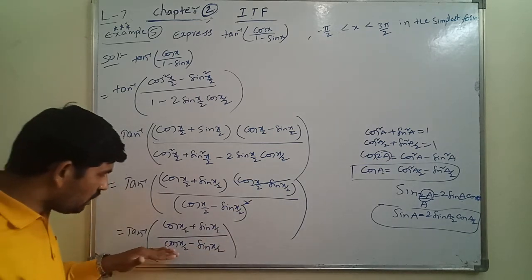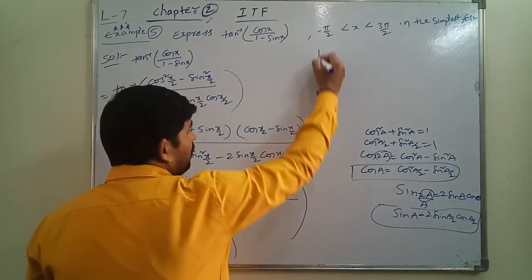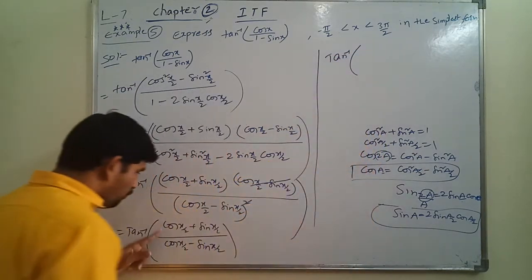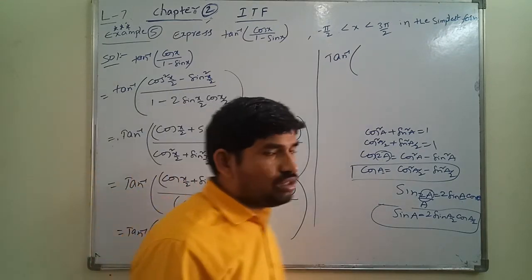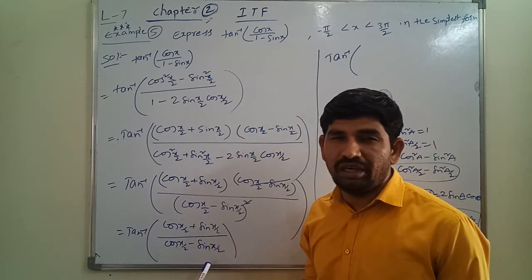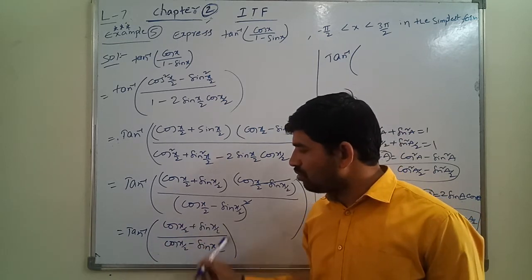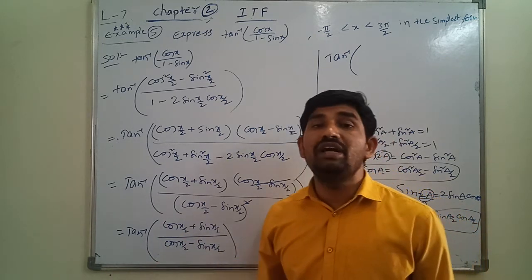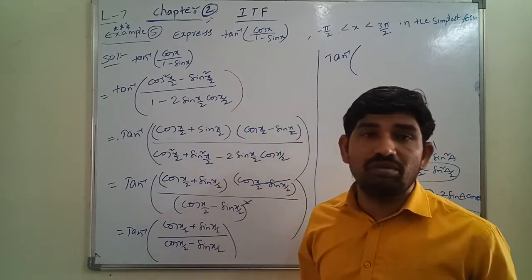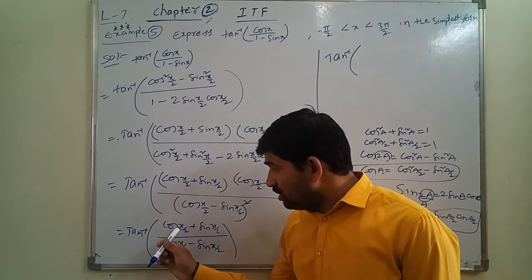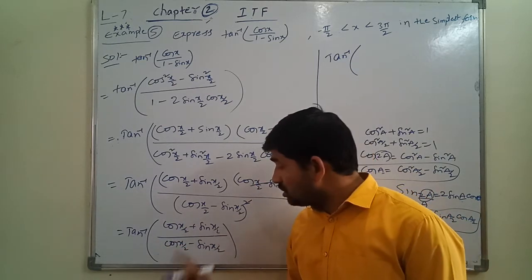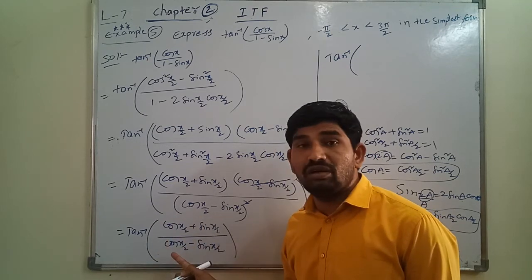So the continuation of this one will be here tan inverse of cos plus sin by cos minus sin. Remember how to convert this total part in terms of tan. Sir, why are we going to convert this in terms of tan? Remember, already in front of this bracket we have the tan inverse. Yes or no? Suppose we got this total part in terms of tan.